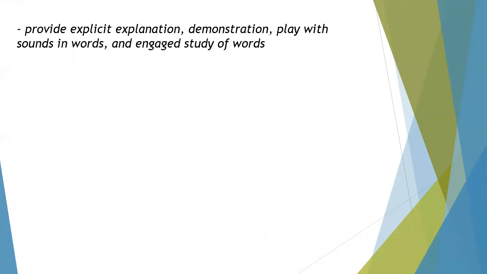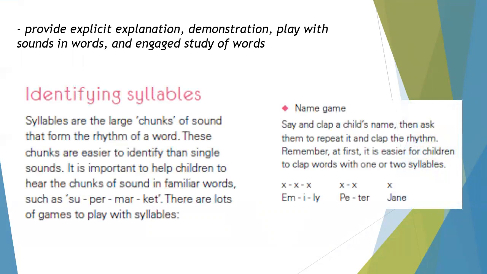So our essential instructional practice reminds us that we need to provide explicit explanation, demonstration, and opportunities to play with sounds in words and engage in study of words. There's a lot of expectation just in that one dot point. We could start with, in preschool, children learn to clap the rhythm of their name.